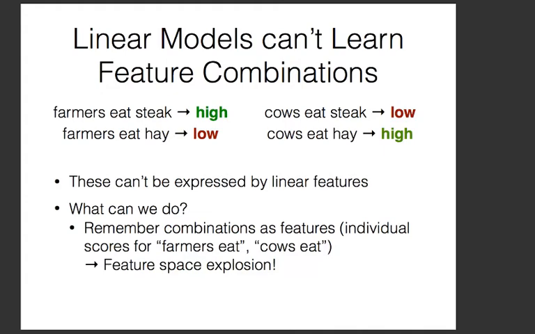Now suddenly it becomes number of words times number of words times number of words, and we need to remember all of these features, and this becomes easily intractable. And the other way is to use neural nets, and as I mentioned last time, neural nets are a way to learn feature combinations, to do good feature combination.